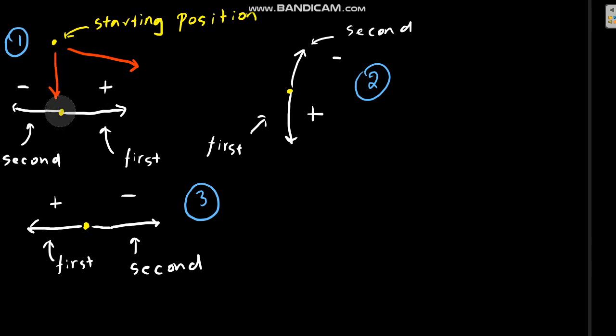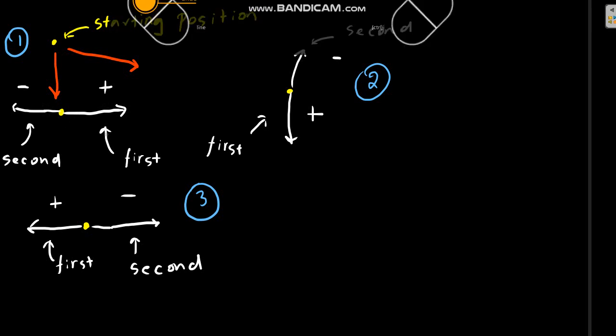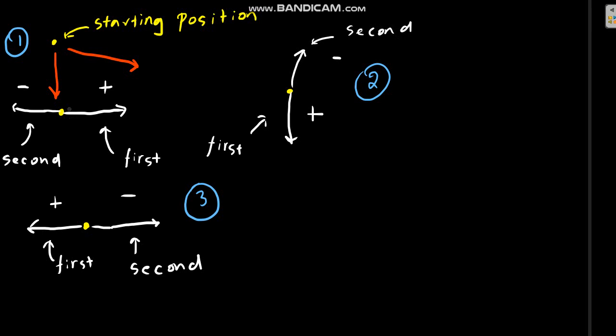I put red arrows to represent the starting direction. So the yellow dot here, let's say it's moving to the right first, and so going to the right is going to be positive.